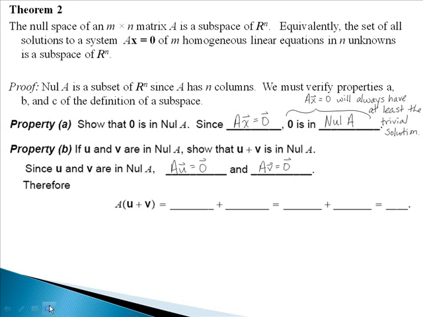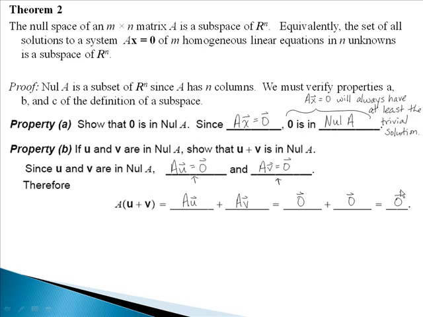Therefore, if I take my matrix A times the sum of them, by the rules of matrices I can split that up into A times u plus A times v. A times u is the 0 vector, and A times v is also the 0 vector. And when I add two 0 vectors together, I will have 0.